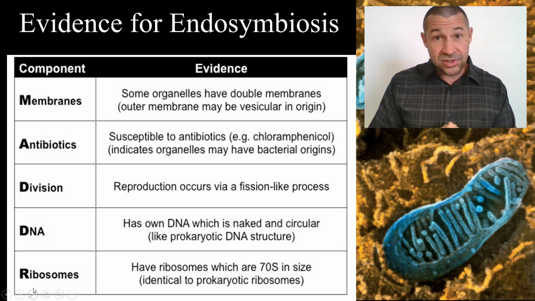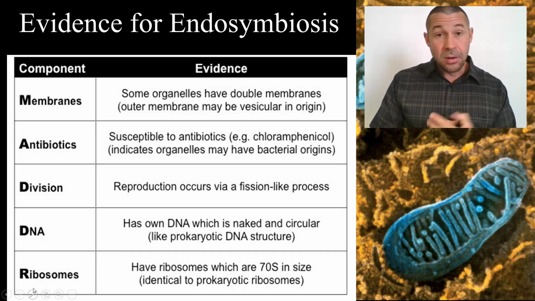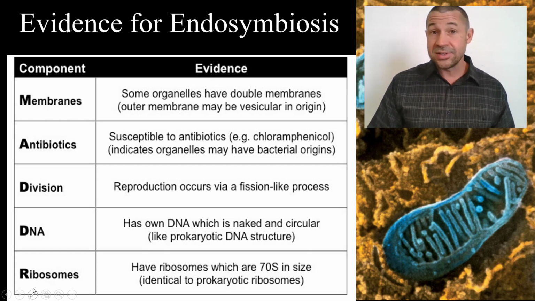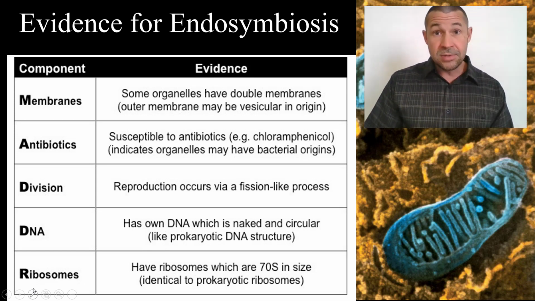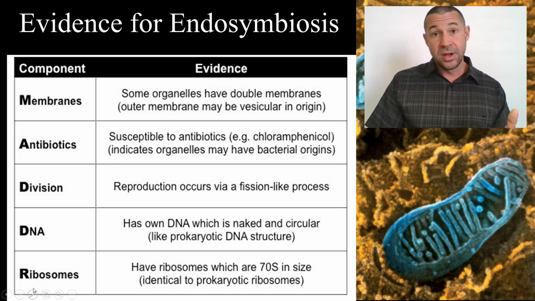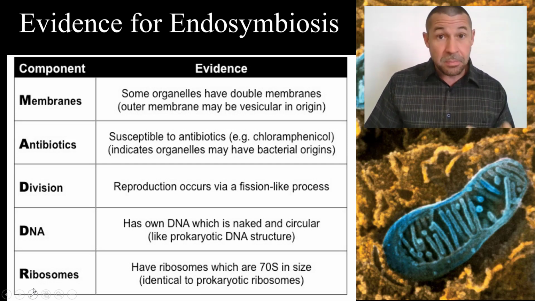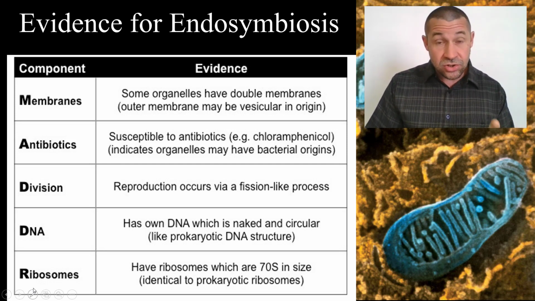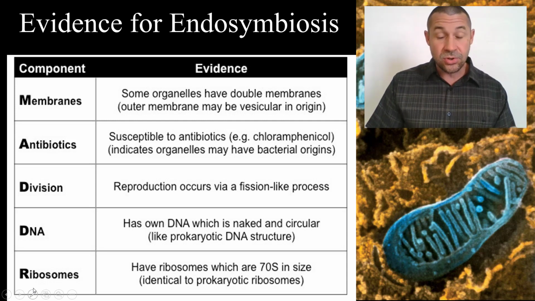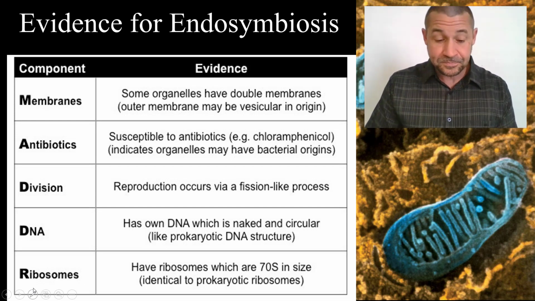The first D stands for division. Mitochondria and chloroplasts, they have their own independent cell cycle. They are dividing via binary fission, just like the prokaryotes do, on their own timetable, irrespective of what the larger cell is doing.